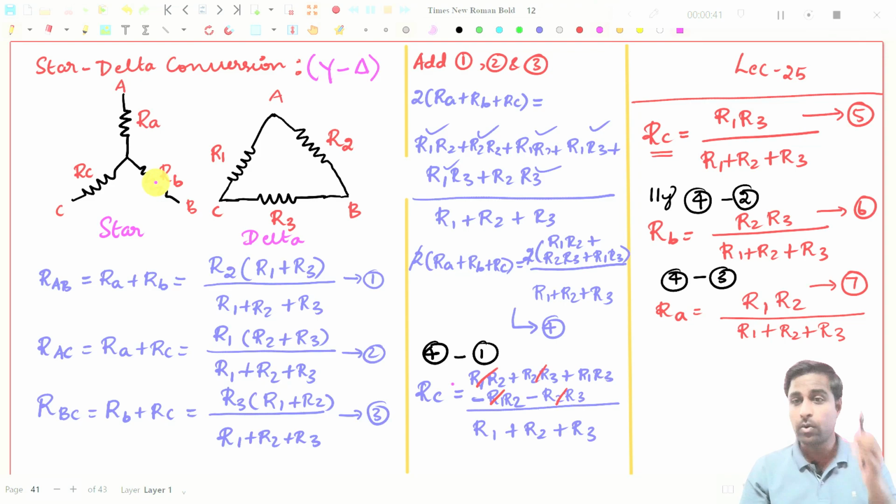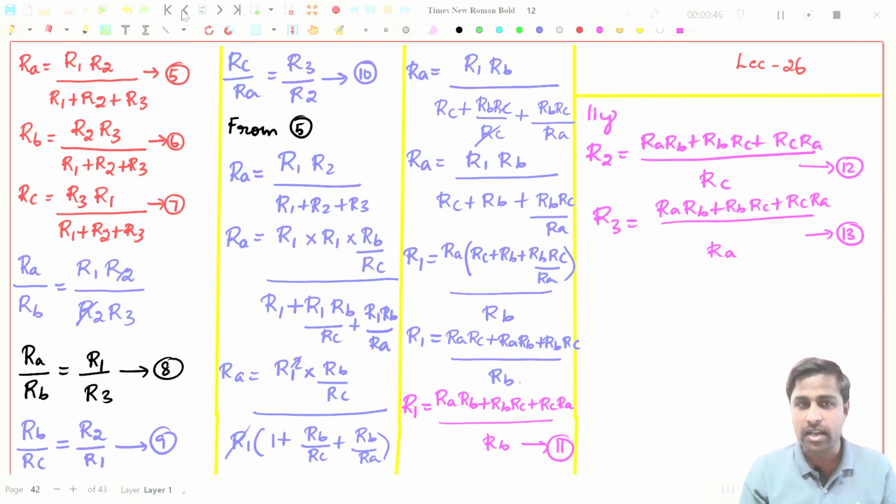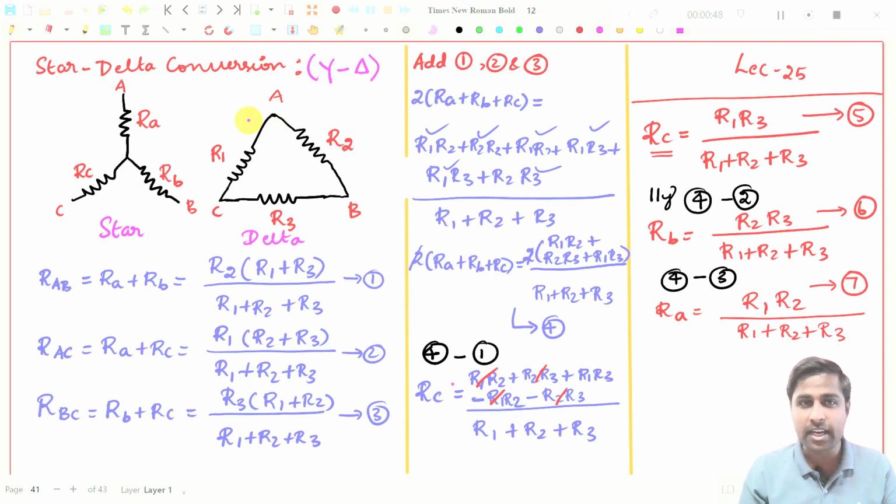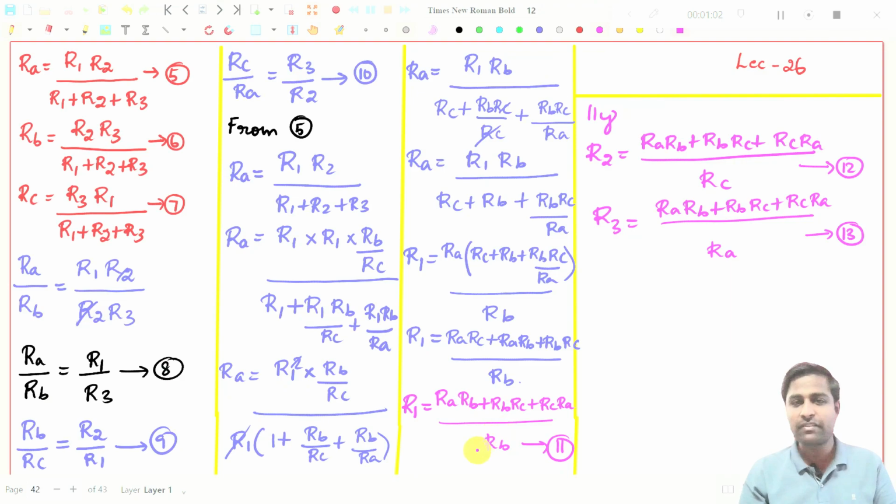RB. Try to understand what I am telling. R1 is connected between these 2 points in the delta connection, right? You compare with this one. This is connected between these 2 points, and the opposite resistor here is RB, so that will come in the denominator, right?